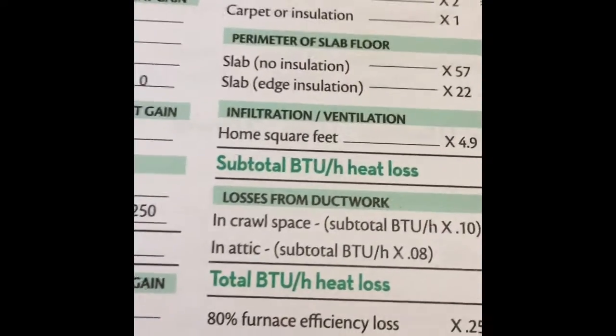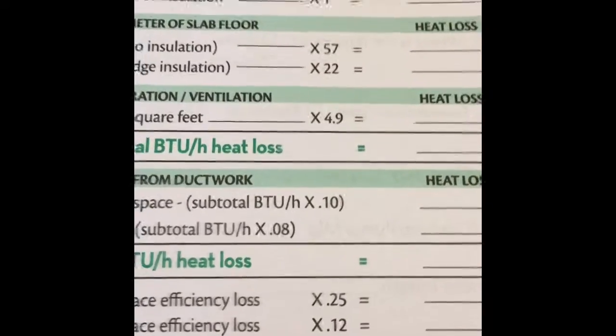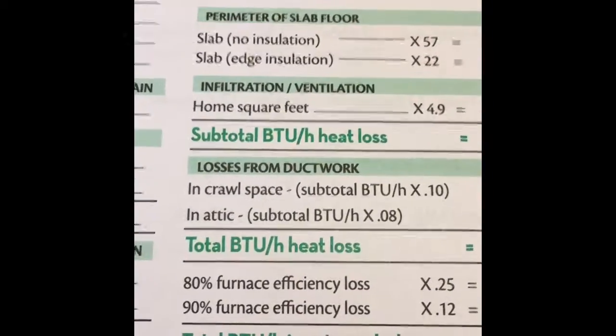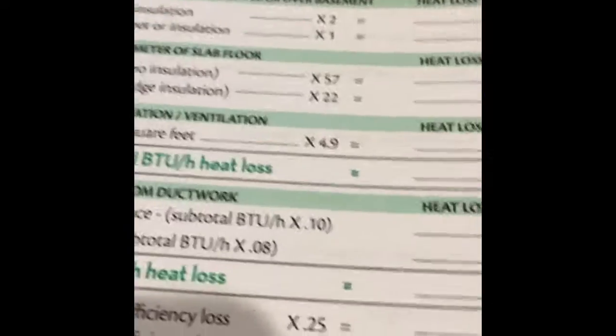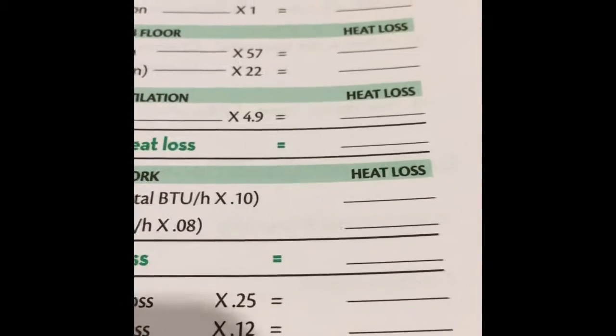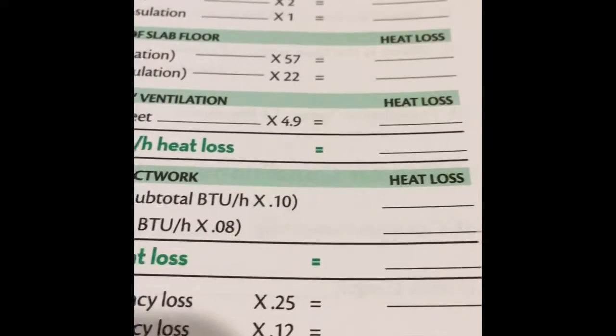If you are looking at an 80% furnace efficiency loss, at the bottom you multiply everything times 0.25, and you're going to get the total BTU input needed. You're going to get that total BTU heat gain. Once you do all of this, it could, like what Dad was mentioning before, end up with 47,821.